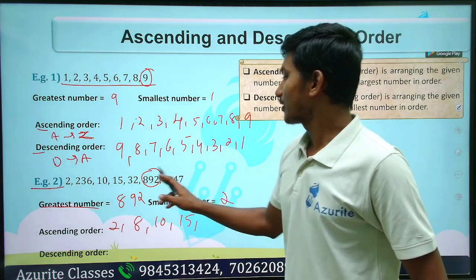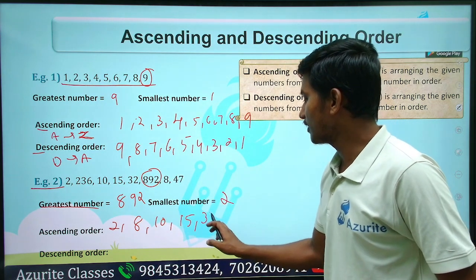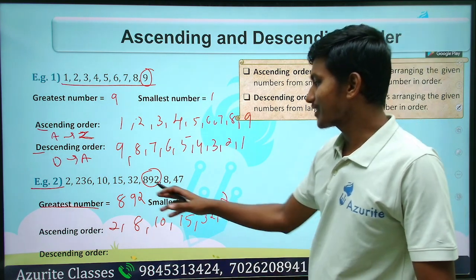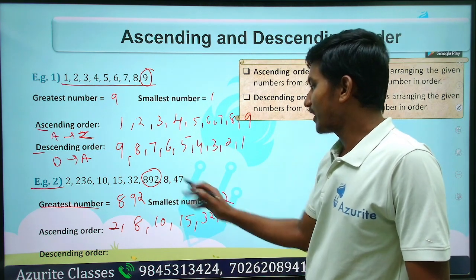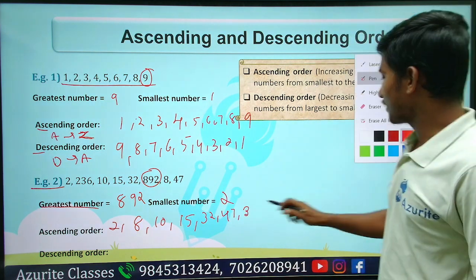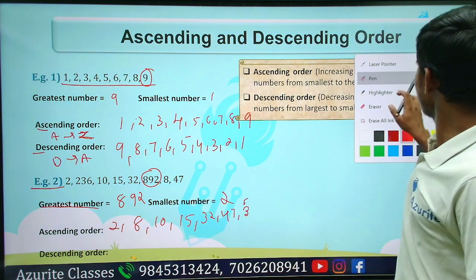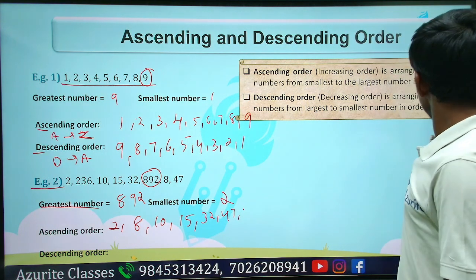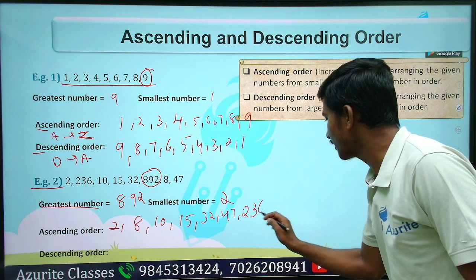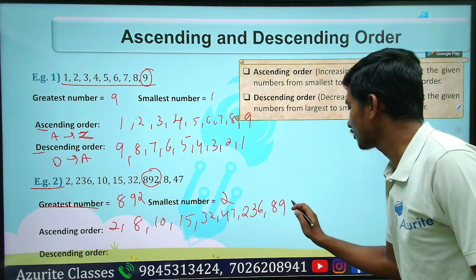After 15, which is the number? 32, and then 47. After that is how much? 236. Then 892.